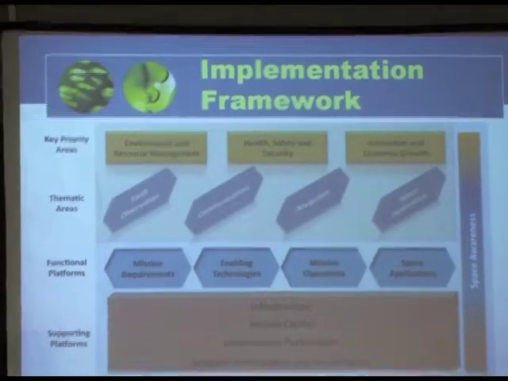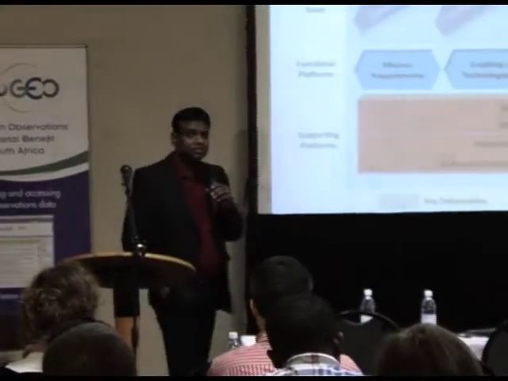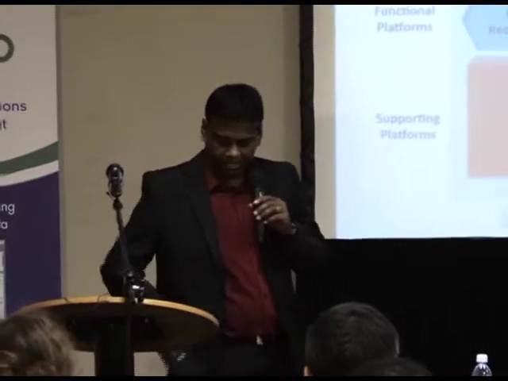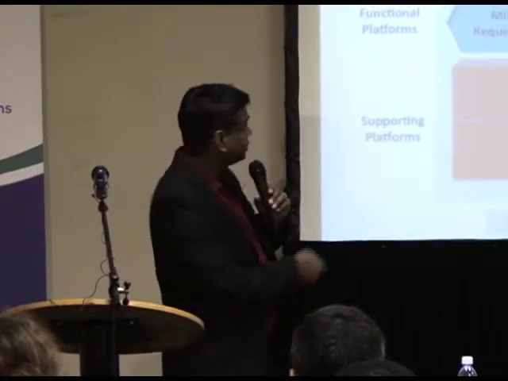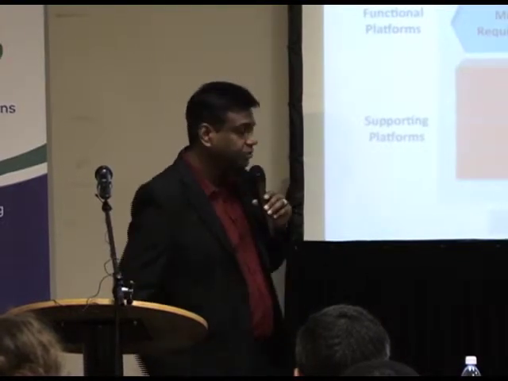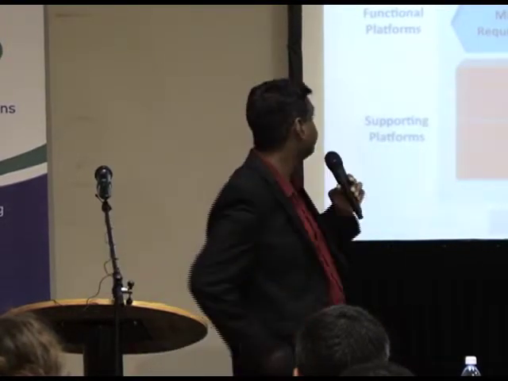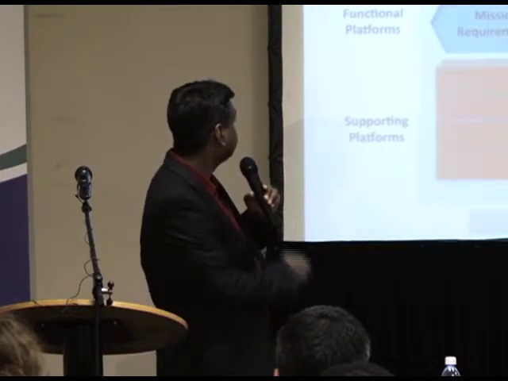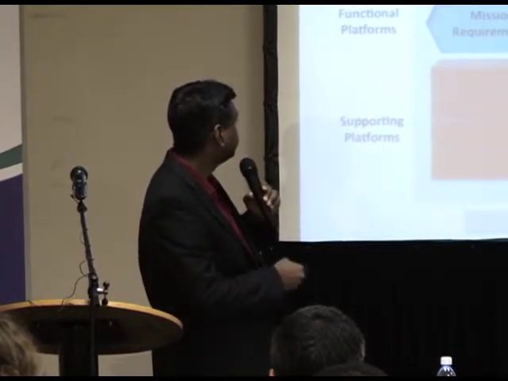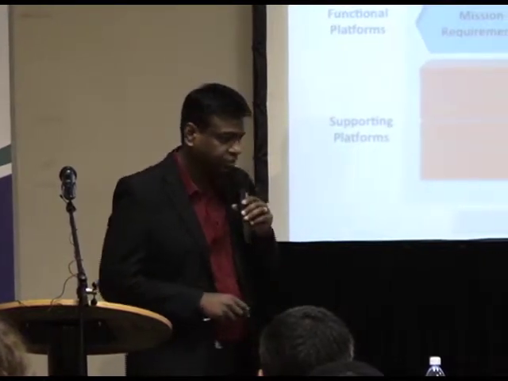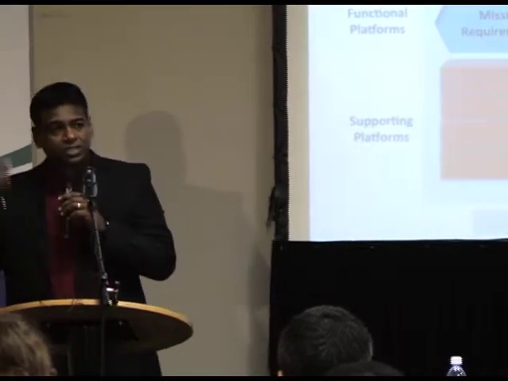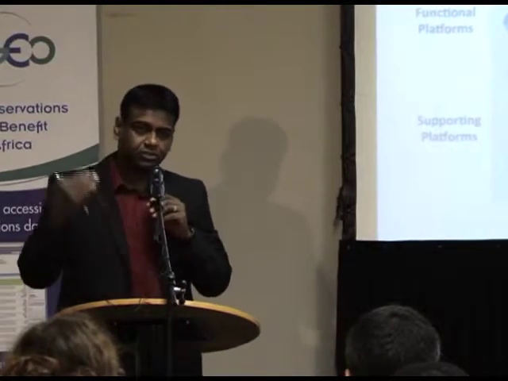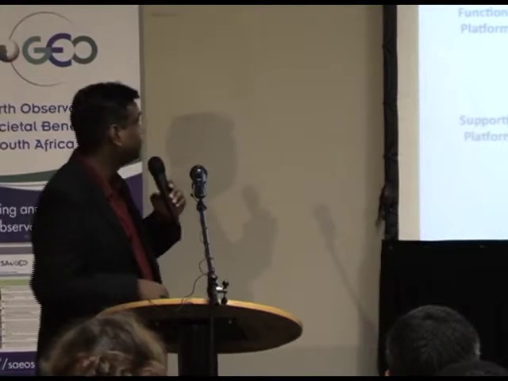A whole series of user requirements emanated from that exercise. Then we clustered the user requirements into 3 key focus areas, which we call environmental and resource management, health, safety and security, and innovation and economic growth. We took that as our starting base, as the user needs driving the whole space program.